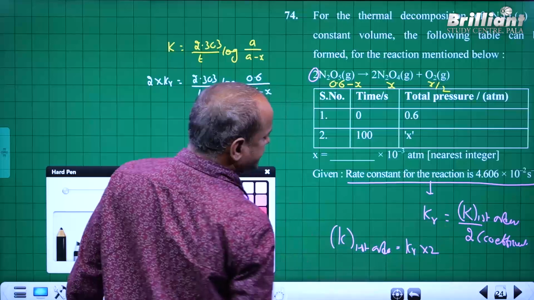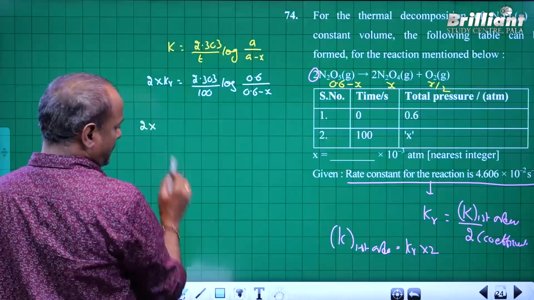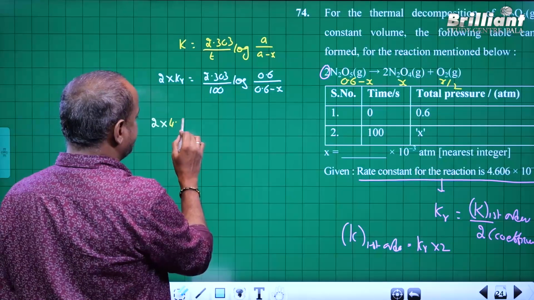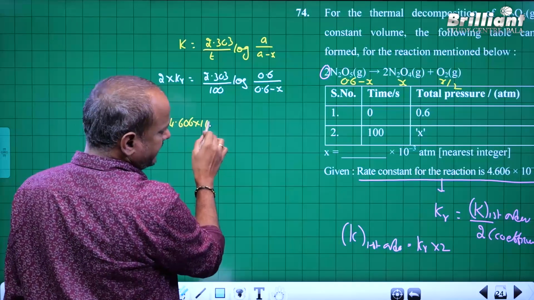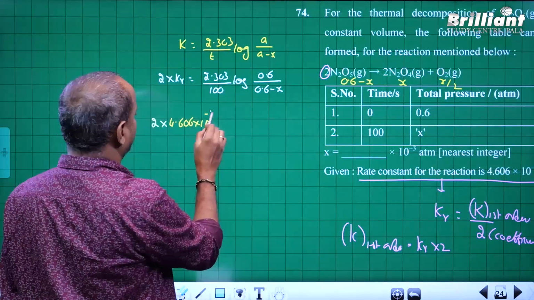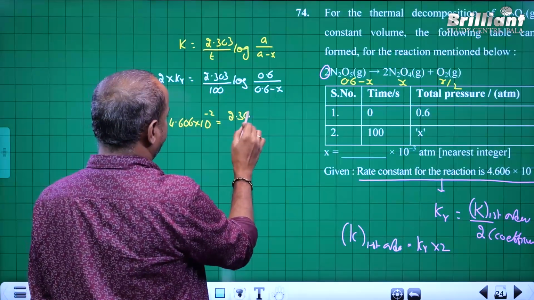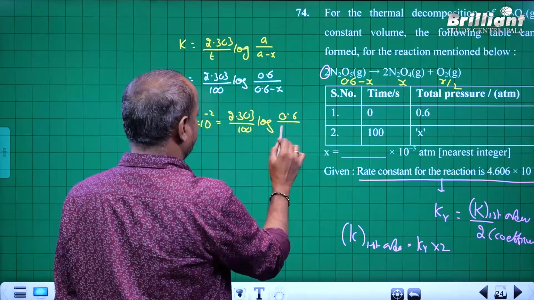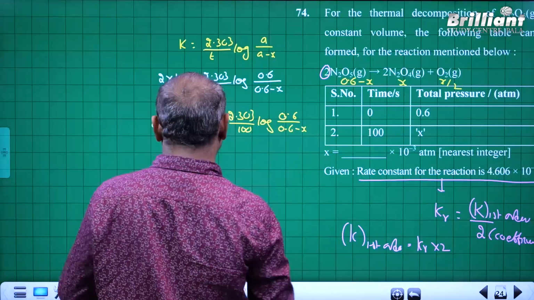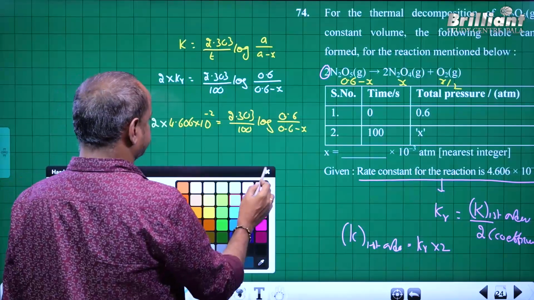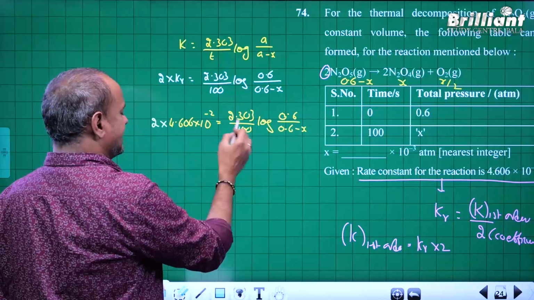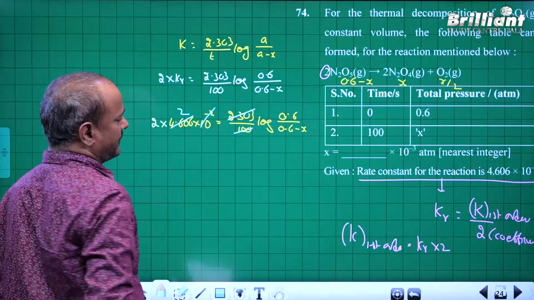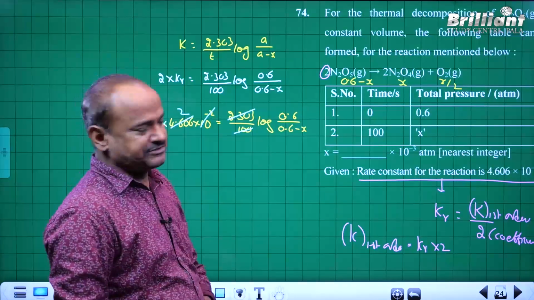Kr is given as 4.606, 2 into 4.606 10 raised to minus 2, equals 2.303 by 100 log 0.6 by 0.6 minus x. So already cancel: 2.303, 2 times cancel, 4. Antilog of 4, 10 raised to 4.